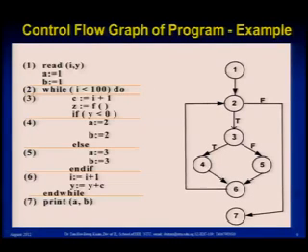Because in the control flow graph, a node is to represent a sequence of statements. During program execution, you always execute from the first statement, statement by statement, until the last statement without any jumping. So that is the property of a basic block. So it is very important to identify basic blocks correctly when you draw a control flow graph.